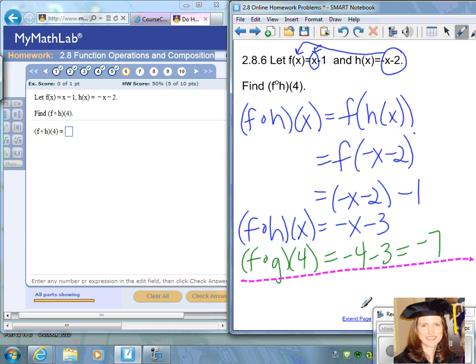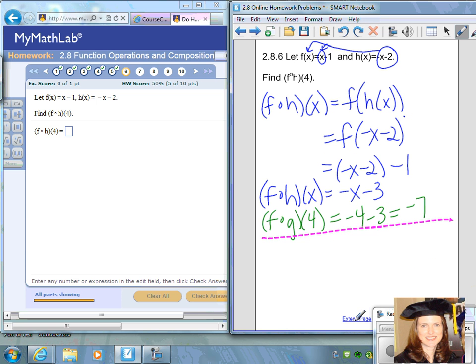Another way, which you may end up liking better, is to first take 4 and plug it into the h function, since f of h of 4 means you first take the 4 and plug it into the h function. So let's find h of 4.